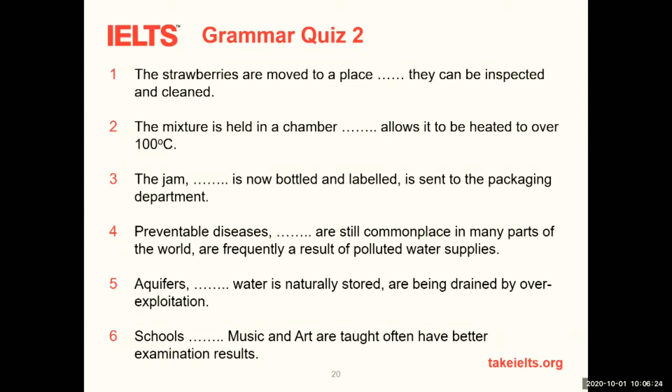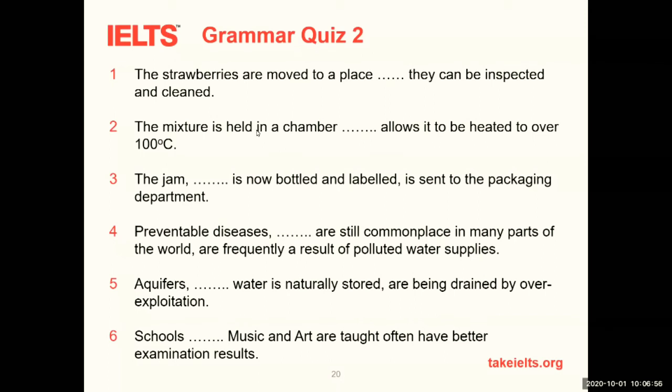Okay, thank you. Okay, so can we see the results, please? Okay, so let's have a look. So number 1, 91% of you got it right with they are moved to a place where they can be inspected and cleaned.